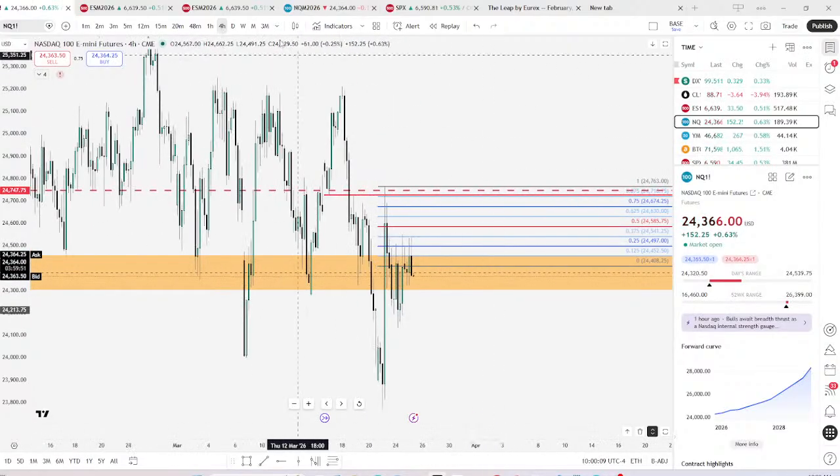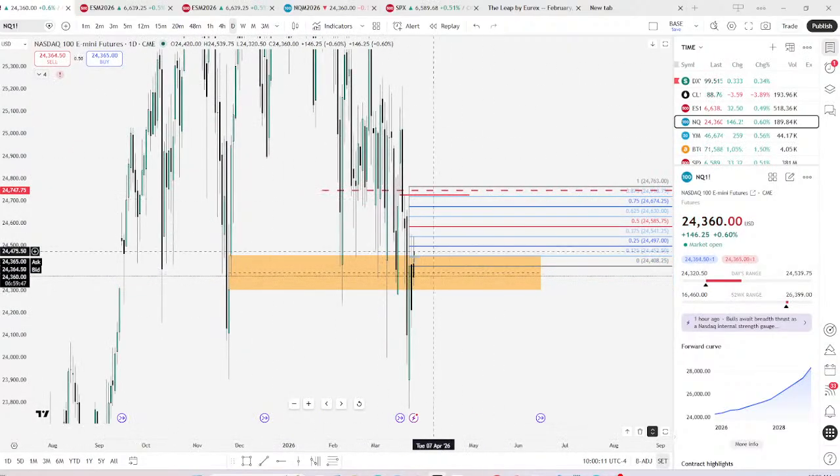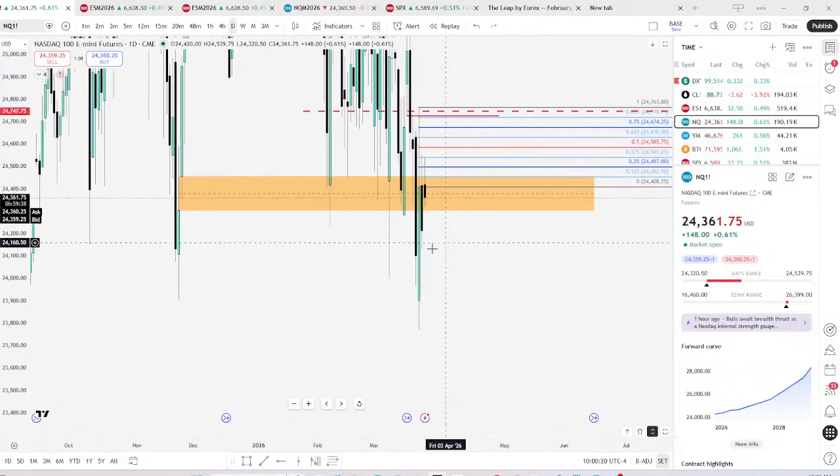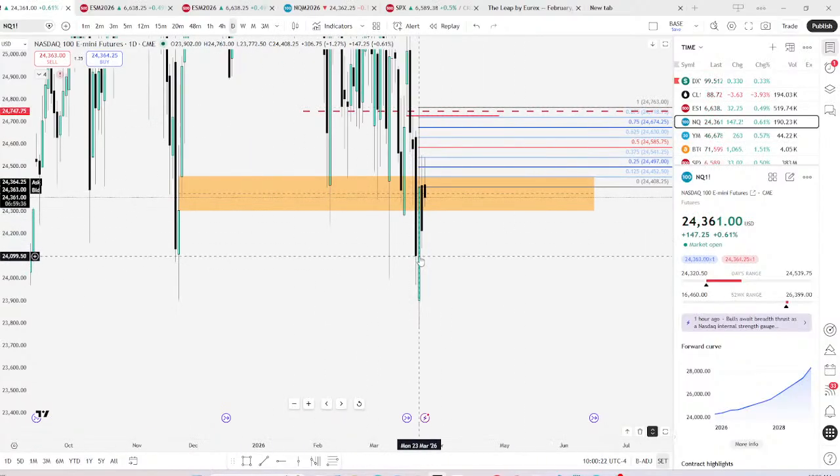So, yeah, that's all I have for today. We're looking at this area and these new week opening gaps down here as well.